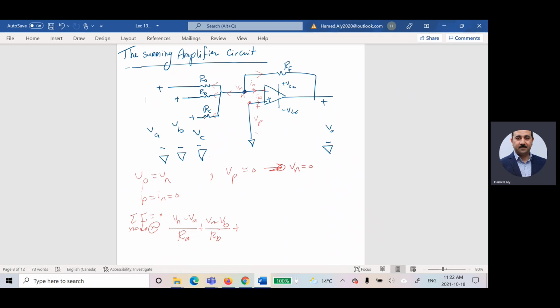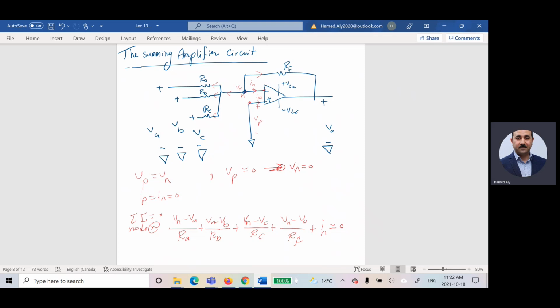Plus the current in this branch is Vn minus Vc divided by Rc, plus the current in this guy is Vn minus Vo divided by Rf, and the summation is equal to 0.